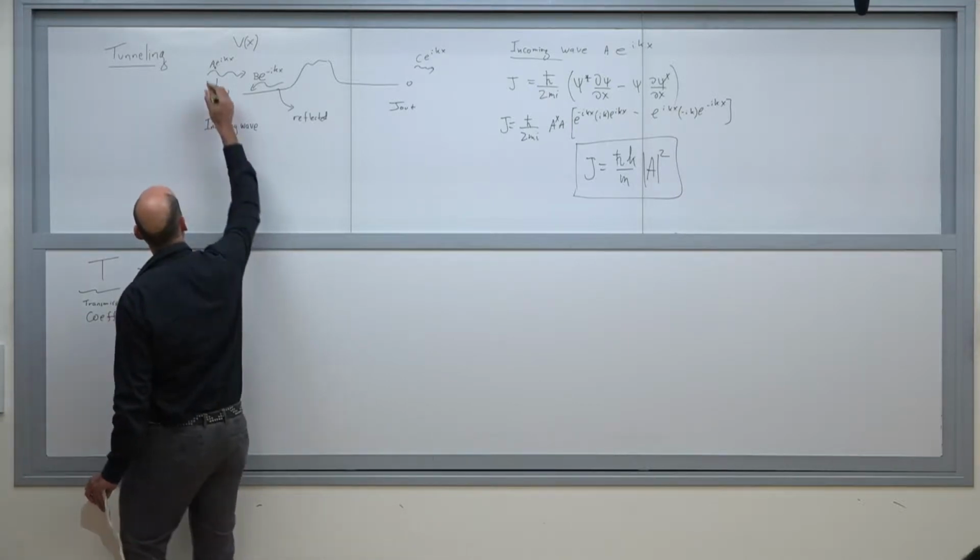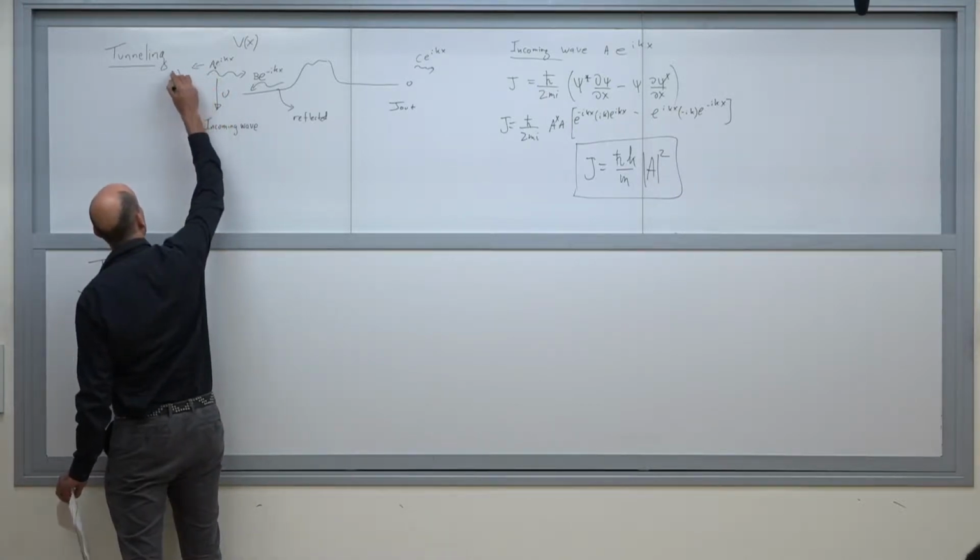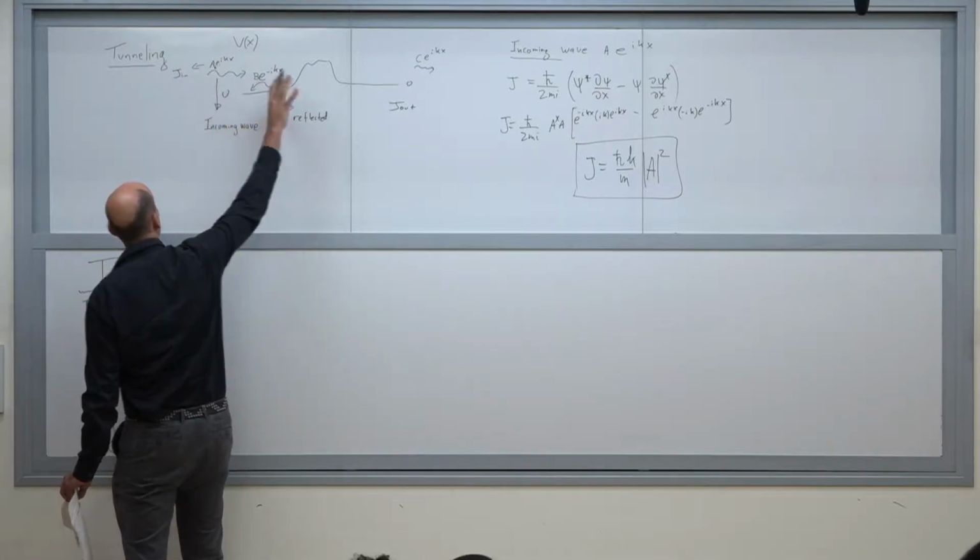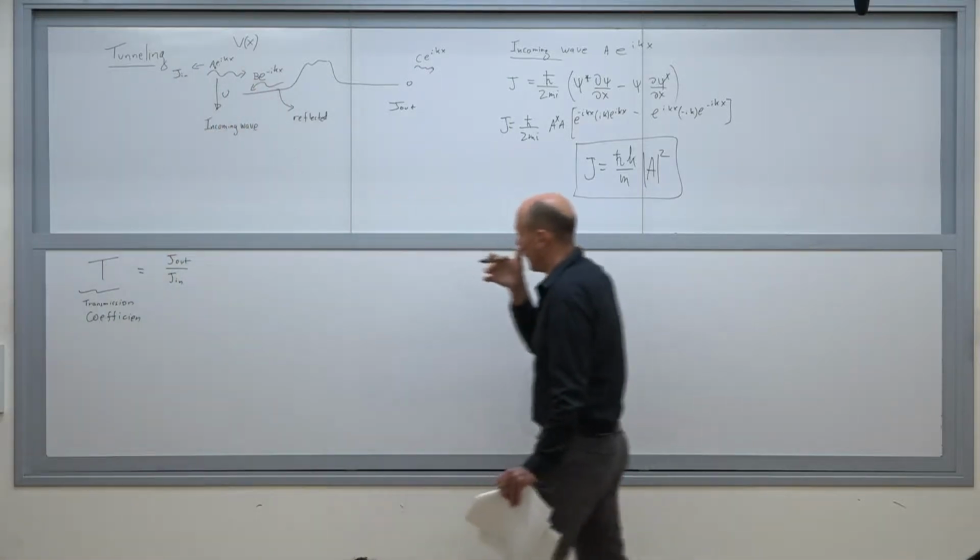And when I mean J in, I mean the part of the current that is related to A, only this incoming wave with the vector K.